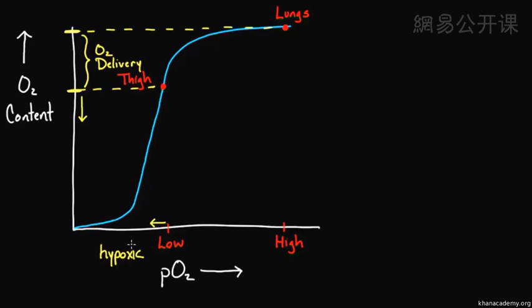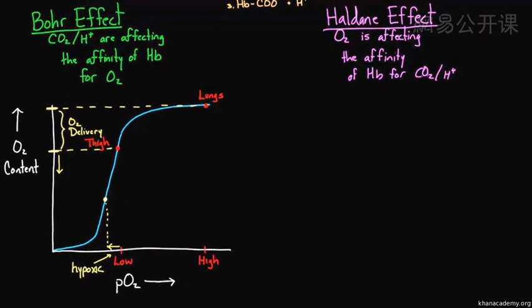So if you become more hypoxic, then yes, you'll have maybe a lower point here, maybe a point like this, and that would mean a larger oxygen delivery. But that's not ideal. You don't want your thighs to become hypoxic. That could start aching and hurting. So is there another way to have a large oxygen delivery without having any hypoxic tissue, or tissue that has a low amount of oxygen in it? And this is where the Bohr effect comes into play.